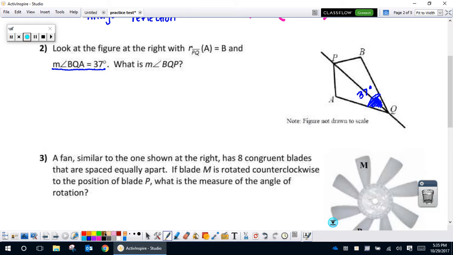Then they want to know the measure of angle BQP, from B to Q to P. That is only half of the angle because the reflection line splits the angle in half. So you do 37 divided by 2, and you get 18.5. So the measure of angle BQP is 18.5 degrees. Okay.